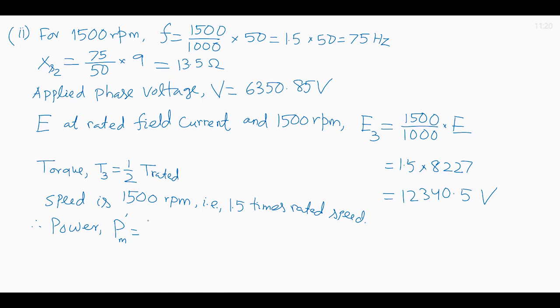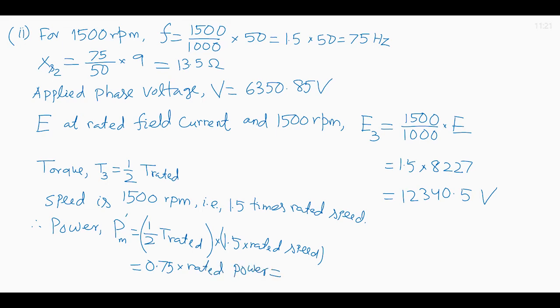So Pm dash is half of rated torque, and speed is 1.5 times rated speed. So it is 0.75 times rated power. Rated power is 6 megawatt. So 0.75 times 6, so it is 4.5 megawatt.